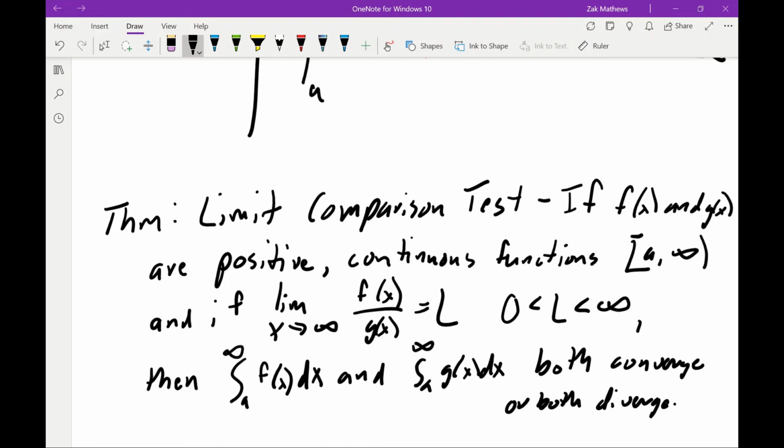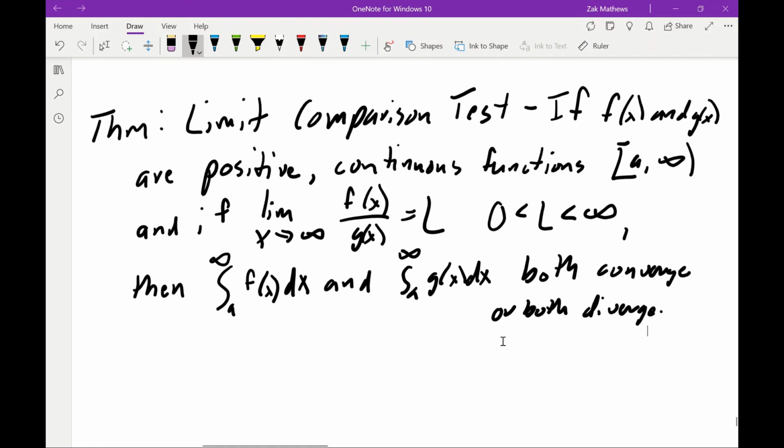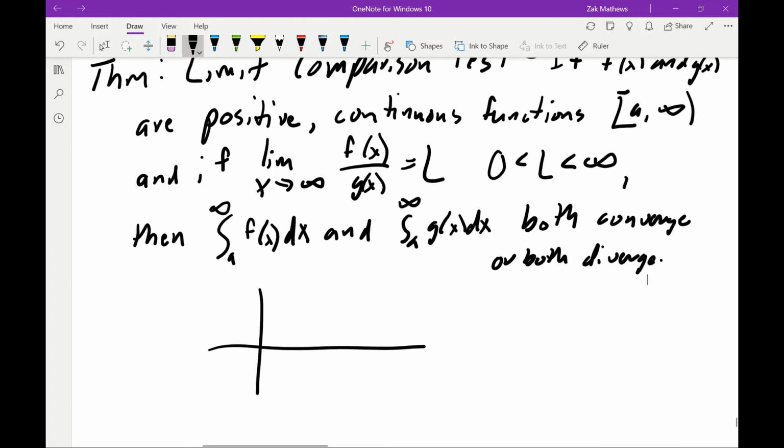So here we don't need to know that one function is greater or smaller than the other. We need to know the functions are positive, that they're continuous. Those are required. If they are both positive and continuous and we find that limit value is between 0 and infinity, that means they're doing the same thing. If we think about why that would be, this one's harder for me to draw out, maybe I'll just talk about it.